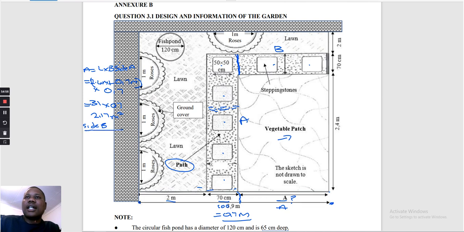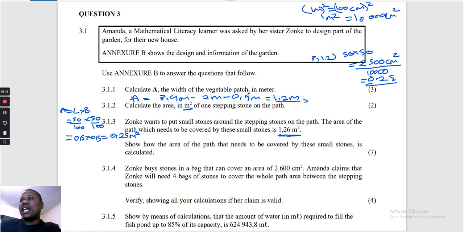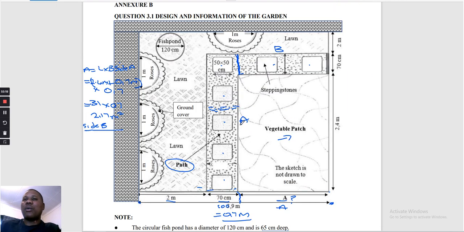Side B, and we have divided those paths into rectangles, all right? So now in side B, what are we going to do? Our length from here to here is A. And how much was A? I forgot. How much was our A? A is 1,2. It means our 1,2 is the length. So we're going to say area is length times breadth.